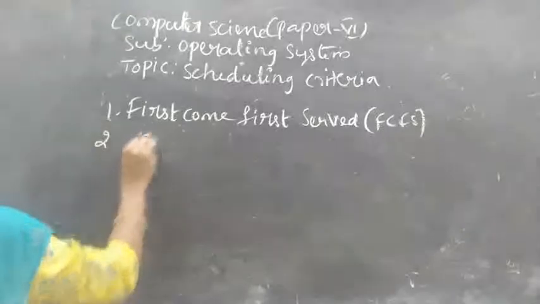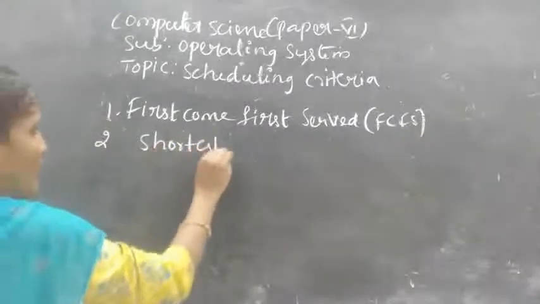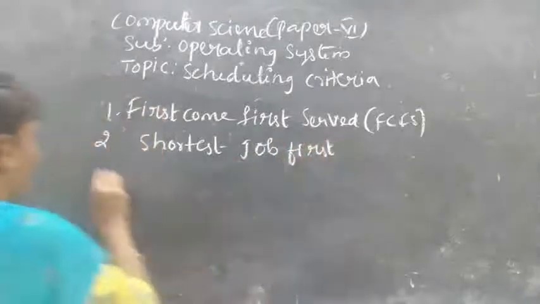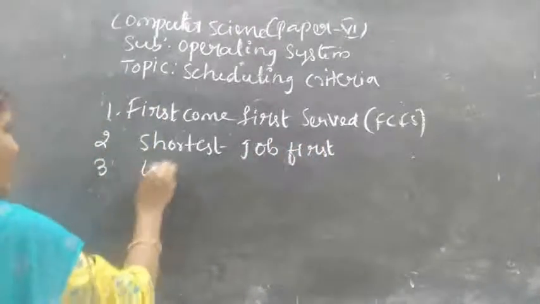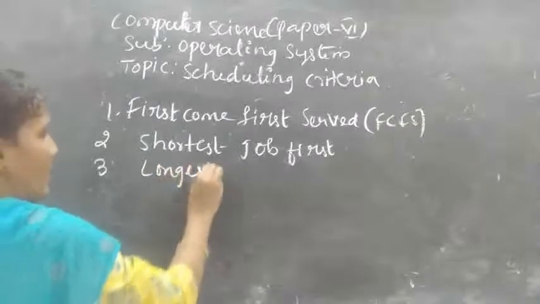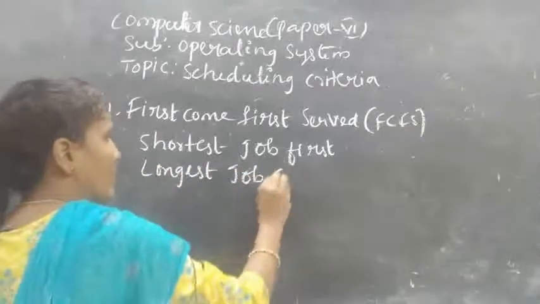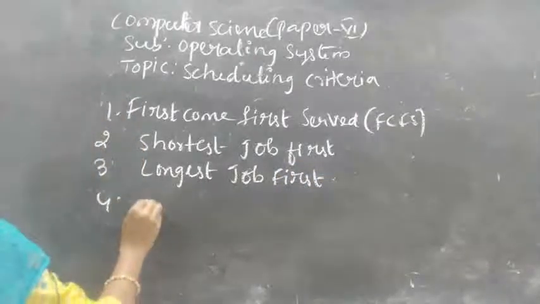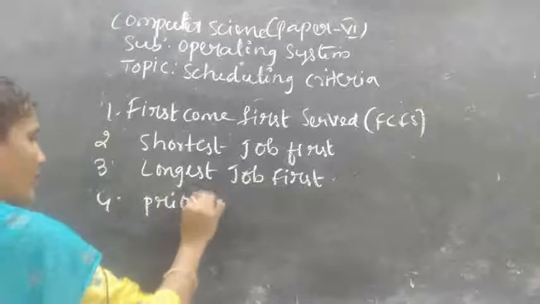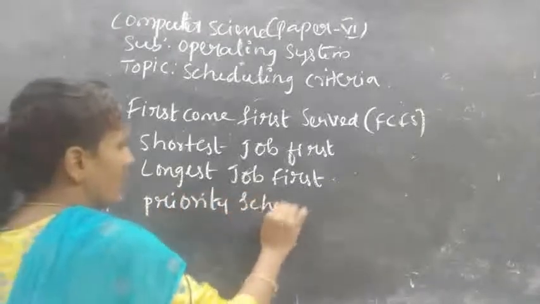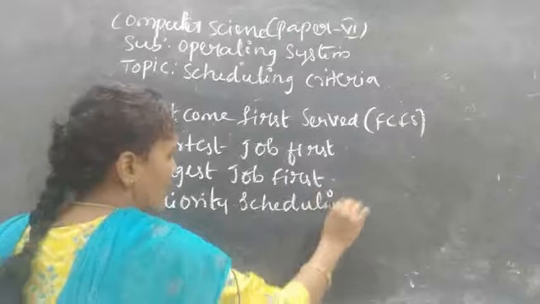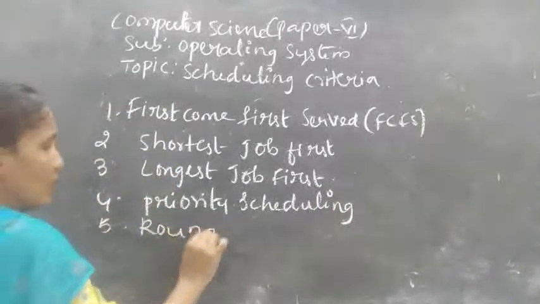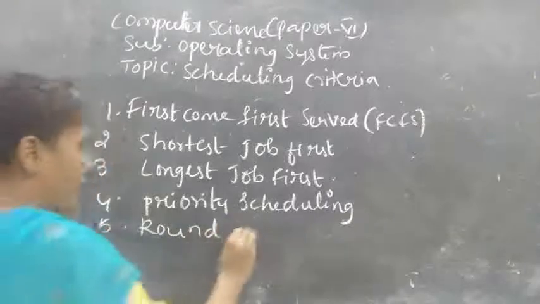The second one is shortest job first. The third one is longest job first. The fourth one is priority scheduling. The fifth one is round robin. All of you write down this round robin.